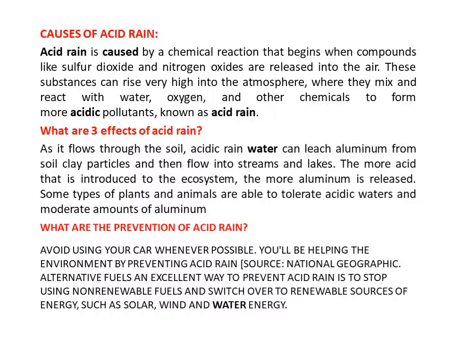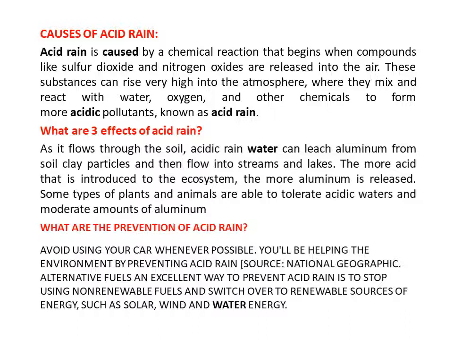The more acid that is introduced to the ecosystem, the more aluminium is released. Some types of plants and animals are able to tolerate acidic waters and a moderate amount of aluminium.